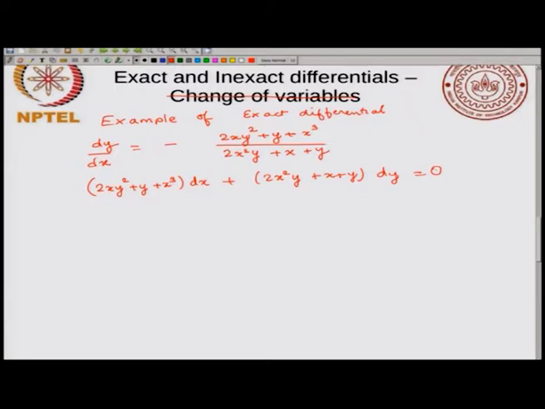And you can verify: ∂M/∂y is equal to 4xy plus 1, ∂N/∂x is equal to 4xy plus 1. So, clearly it is an exact differential.